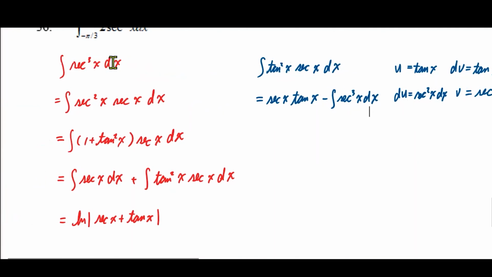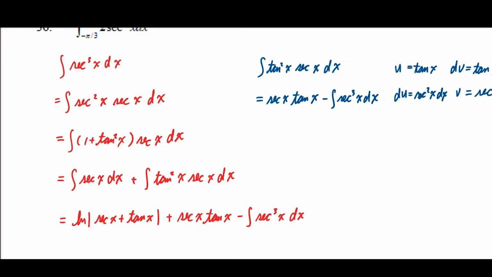Here, right? That whole thing is in a loop? Yes, it is. So we come back here and we copy that down. So this is now additionally plus secant x tangent x minus integral of secant cubed x dx.